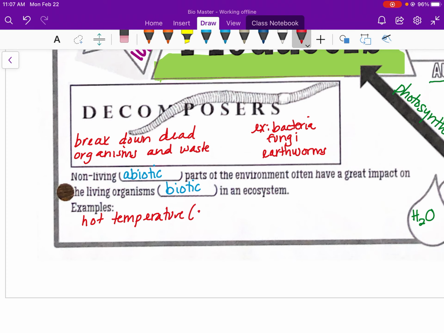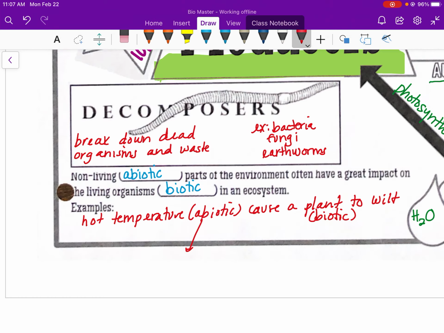Temperature is abiotic. Hot temperatures cause a plant to wilt. So your plant gets droopy and sad. The plant is biotic, and the temperature is abiotic.